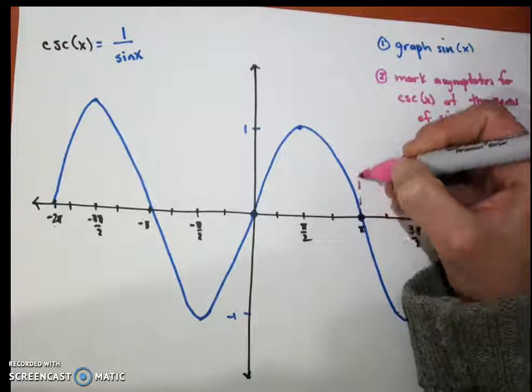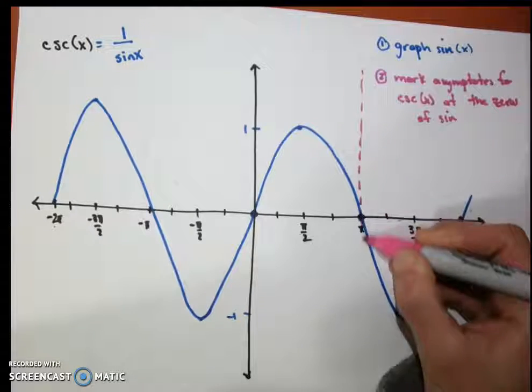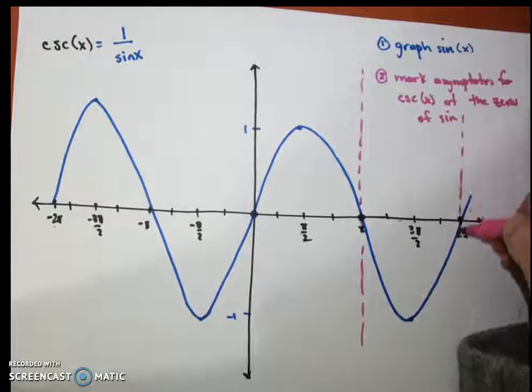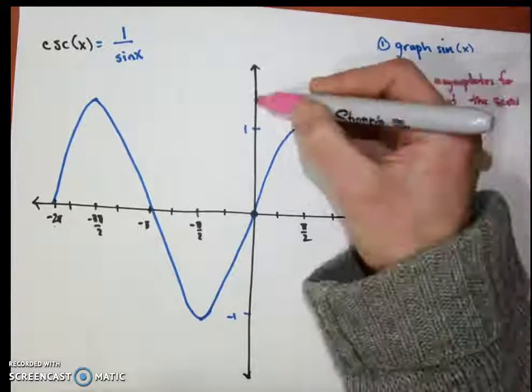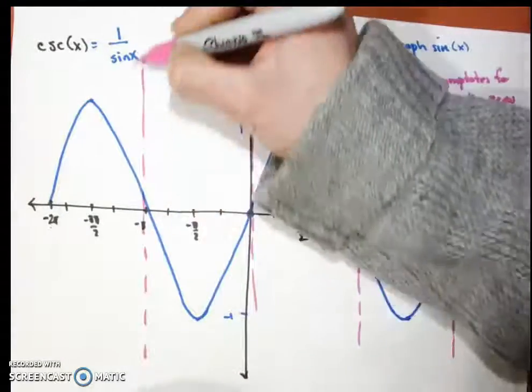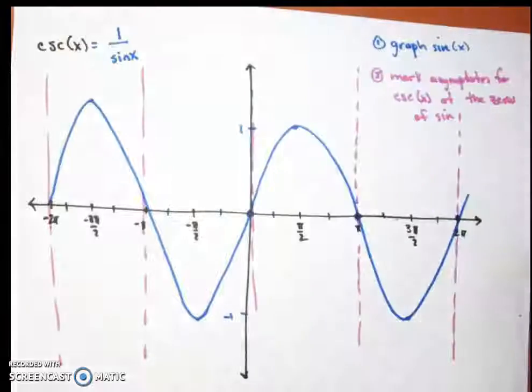Here's a 0 of sine, so I put my dotted line in there. Here's another 0, so I put my dotted line there. I have another asymptote here, 1 here, and 1 here.